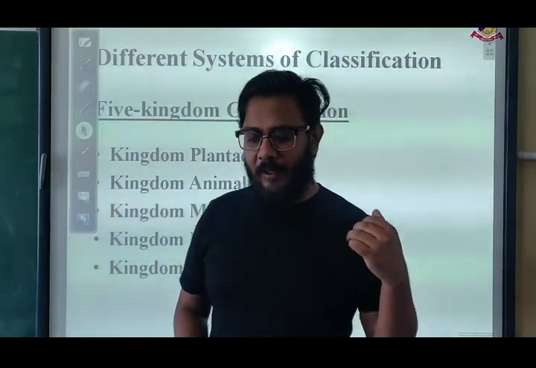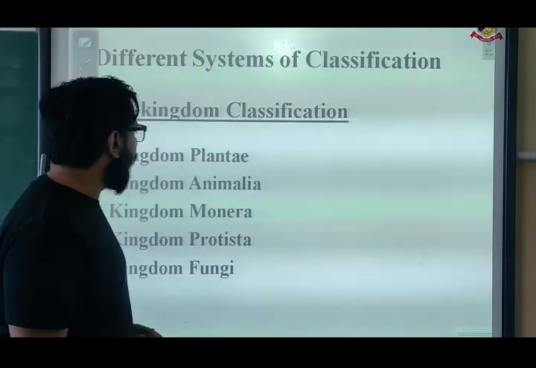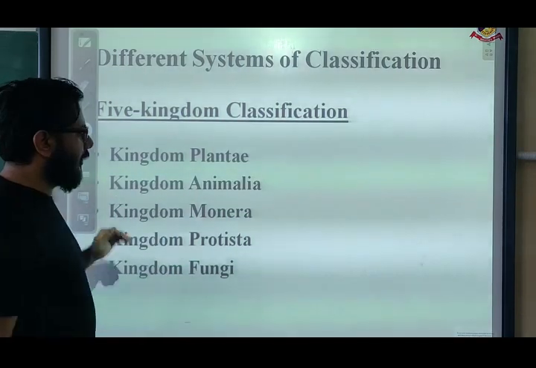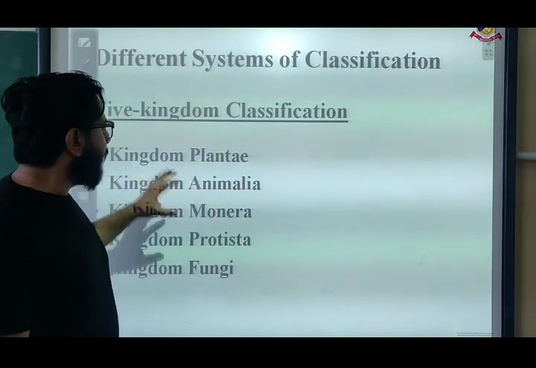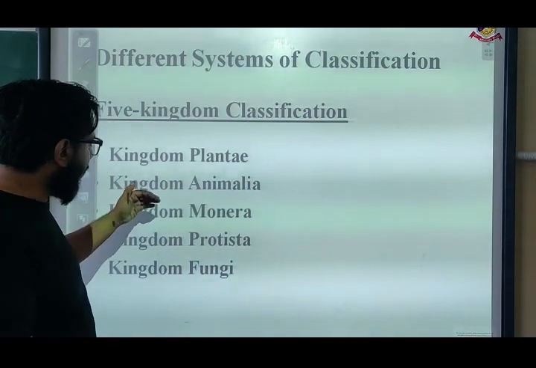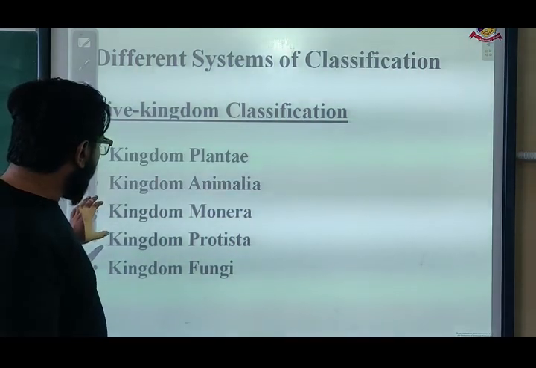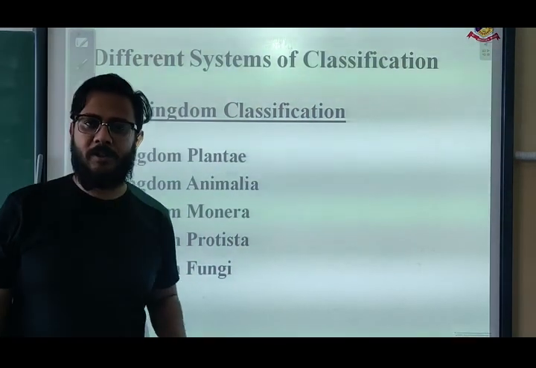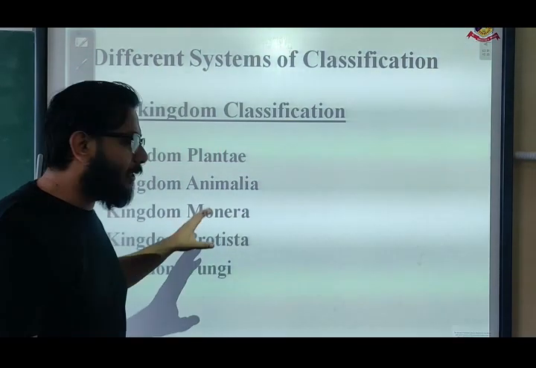Now, that was the two-kingdom classification. After that came the five-kingdom classification. In the five-kingdom classification, we already had Kingdom Plantae and Kingdom Animalia. I'm not going to talk about that because I've just talked about that. So we had that too, and then we had three more. Okay? So Kingdom Monera and Kingdom Protista are basically single-cellular organisms.